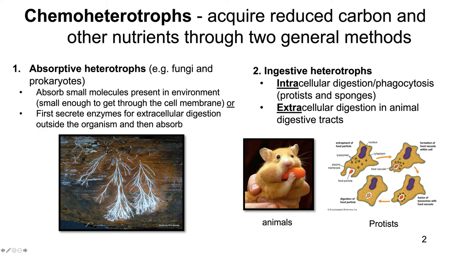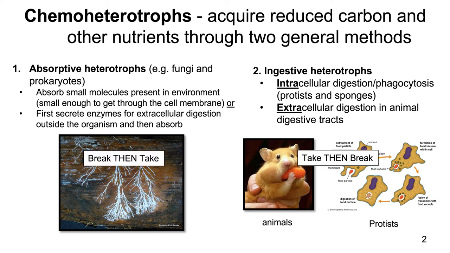Or, as we see in animals, this process of extracellular digestion happens outside of the cells. Basically, an animal will ingest food, chew it up, and break it down into chunks, and then it'll go into the digestive tract and be broken down even further so it can eventually be absorbed across cell membranes, and then those individual smaller molecules can be used for cellular level processes.